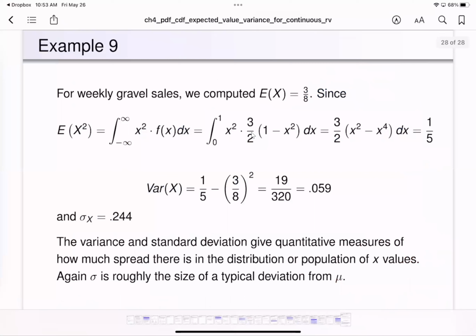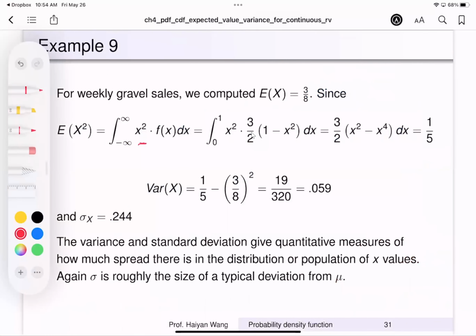Here's an example, and this is still talking about the weekly gravel sales. The expected value we have computed earlier, and now let's consider the variance. We first compute E of x squared, so we put x squared times the density. This part is the density, and when we finish the integration, we'll get E of x squared.